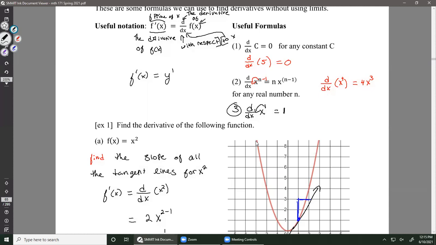So I get 1 x to the 1 minus 1, which is really just 1 times x to the 0. Anything raised to the 0 is 1. So we just get 1. So if you take the derivative of just x, the derivative is just 1. It has a constant slope of 1 everywhere.